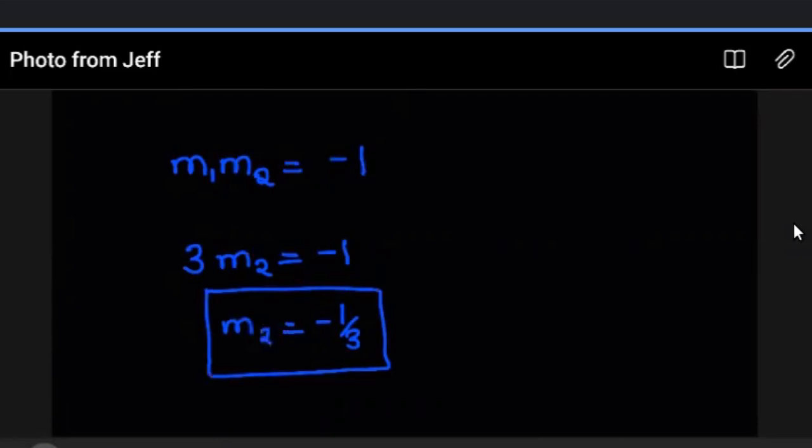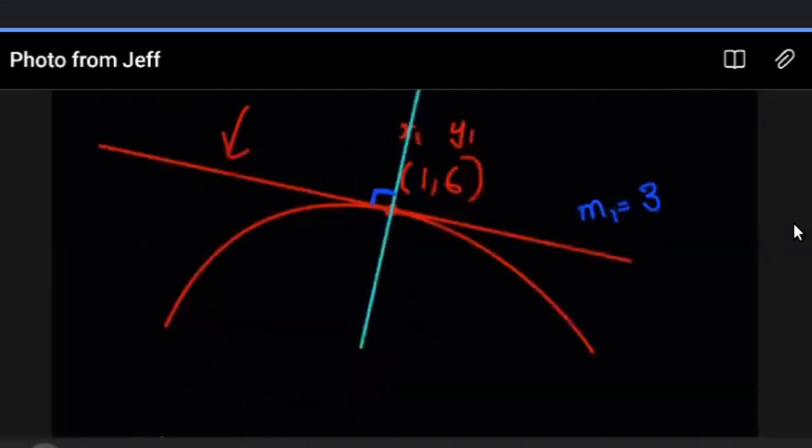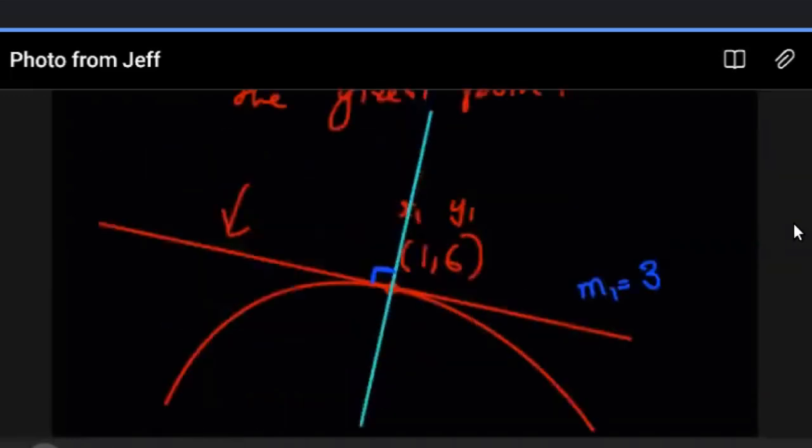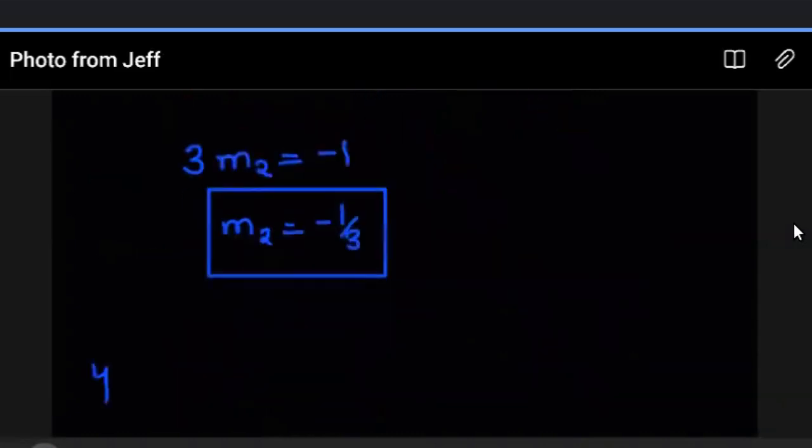Now, having found the gradient of the normal at that point, we can easily come up with the equation, because guess what? Even to come up with the equation of the normal, we only need its gradient and one point, any point really, along that normal. And we still have this (1,6), so we can still use it. So even for the normal, we can still say y minus y1 is equal to m times x minus x1.